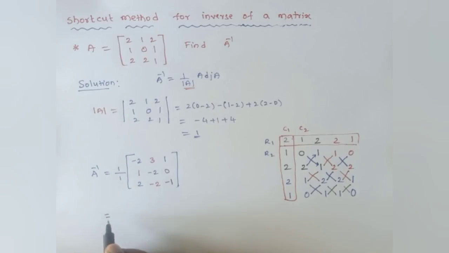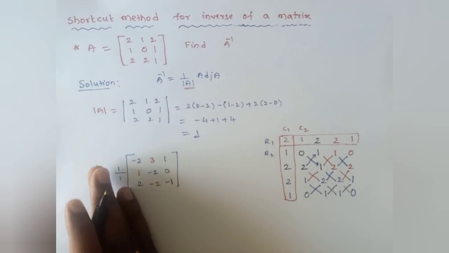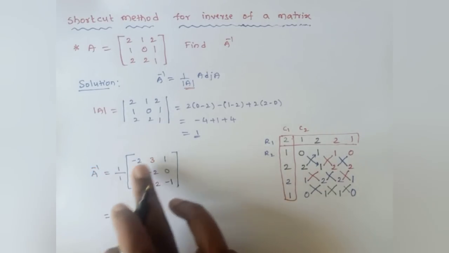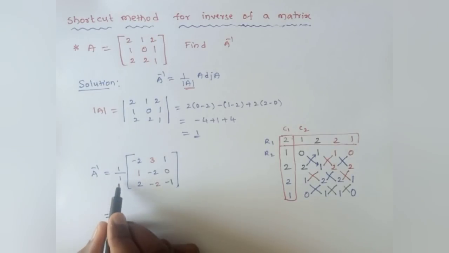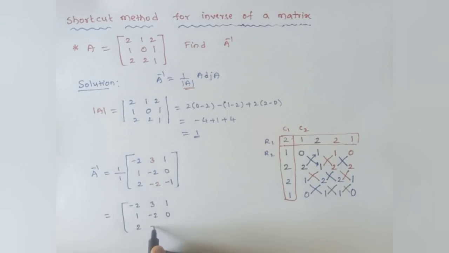Now this is equal to 1 by delta A. 1 by delta A means 1 only. If any constant exists, you need to multiply that constant with each and every element of this matrix. So finally this is minus 2 3 1, 1 minus 2 0, 2 minus 2 minus 1.